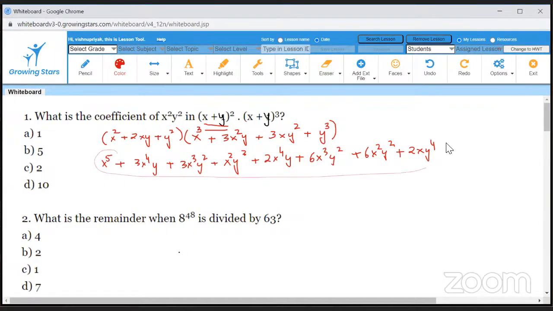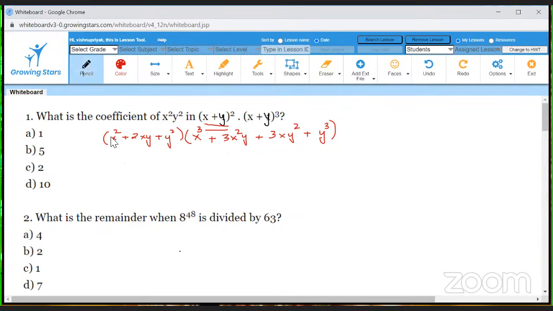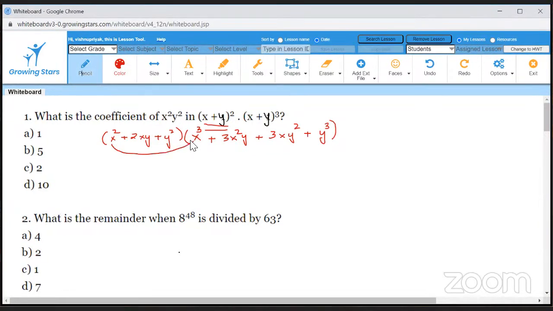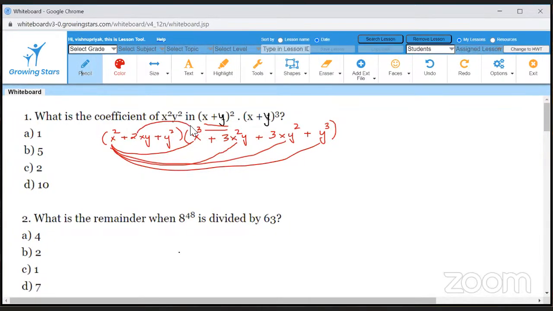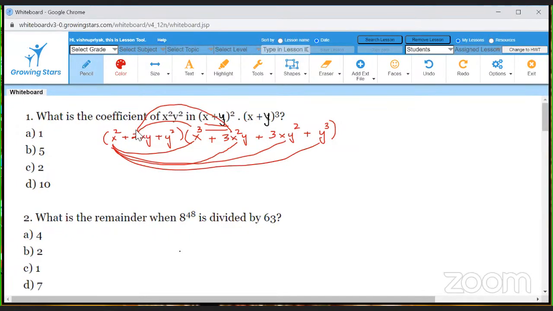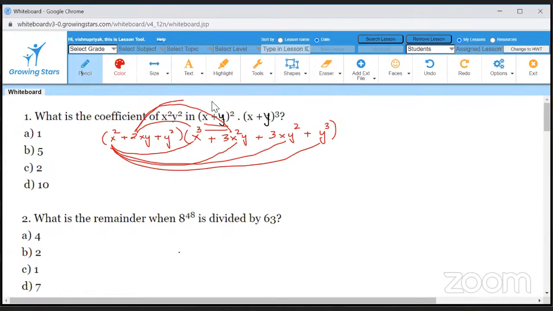So instead of multiplying like this directly, you can see here when you multiply, you won't get x square, y square. Here no x square, y square. Here no x square, y square. Here also no. What about here?